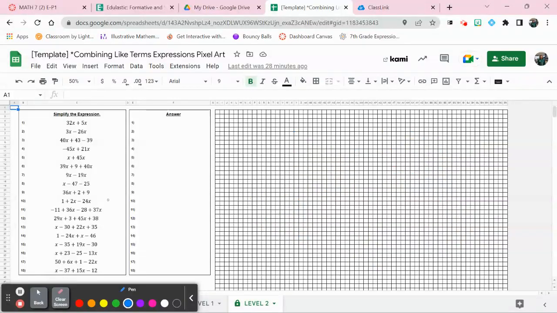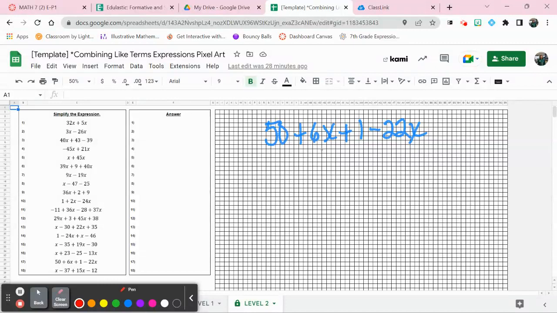Clear that screen. I'm going to do one more. Number 17. You have 50 plus 6x plus 1 minus 22x. I'm going to go through and change any of my subtraction to adding the opposite, because remember, I can't move things around if I have any subtraction.